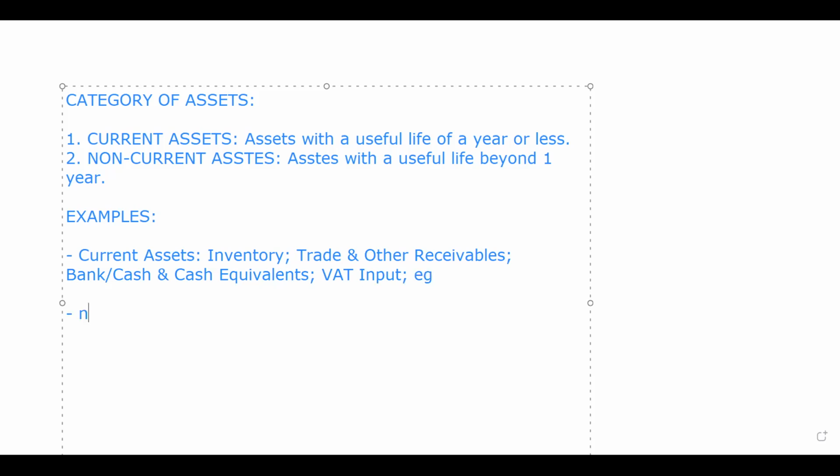Then, of course, with non-current assets, what do we have? In the group of non-current assets, that's where you find property, plant and equipment assets. What are these? These can be anything like plant and machinery. This can be anything like land and buildings.